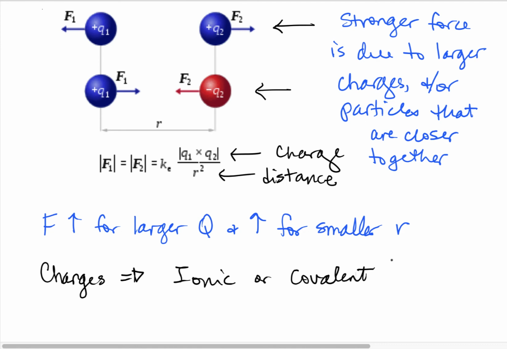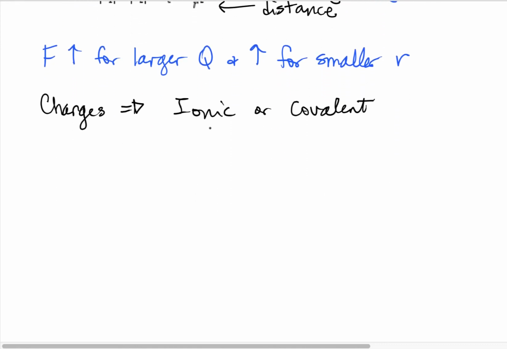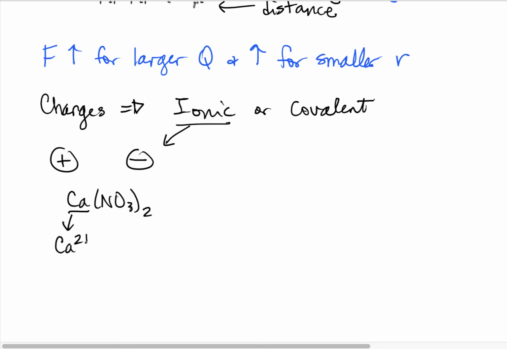Because the size of the charges are directly related to whether or not a material is ionic or covalent. So ionic particles, we know, make full cations and anions. So if I think about a material like calcium nitrate, this, I know, is a metal, and if I look at the periodic table, I can see that this is going to be a calcium 2+, and then nitrate, I remember from my list of different anions that this is nitrate with a -1 charge.